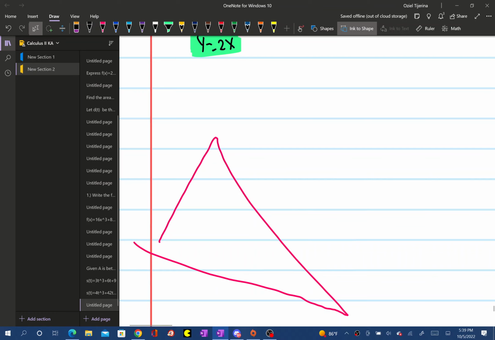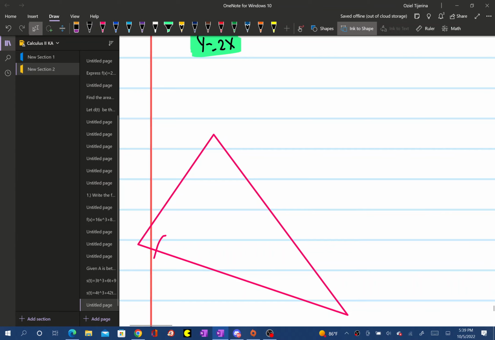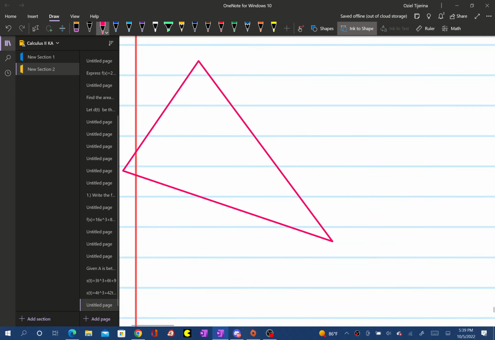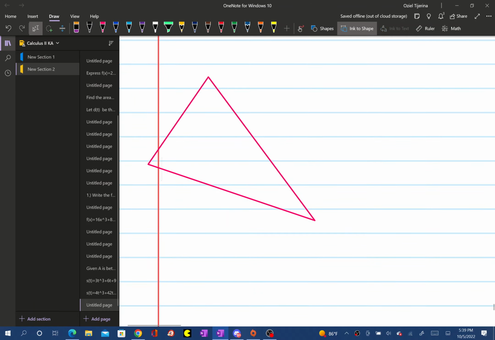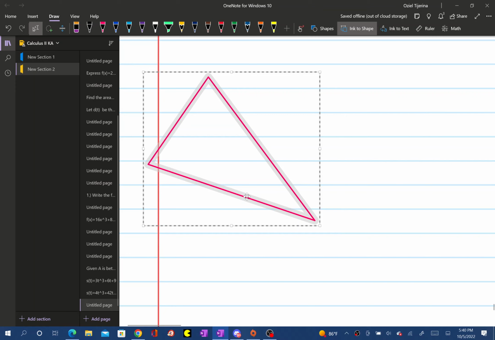I don't know if that can even be a triangle. Whatever. I'm drawing it so that all the sides are not the same. At the end of the day, it doesn't matter because I can't draw it to scale.